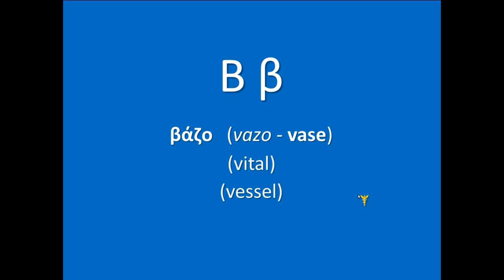Sometimes this can be confused with the English letter B because at least the capital letter looks like the letter B in English, but it's not the letter B. It is pronounced like V, like vaso, the vase. As we say the English words vital or vessel, and I will write it again.